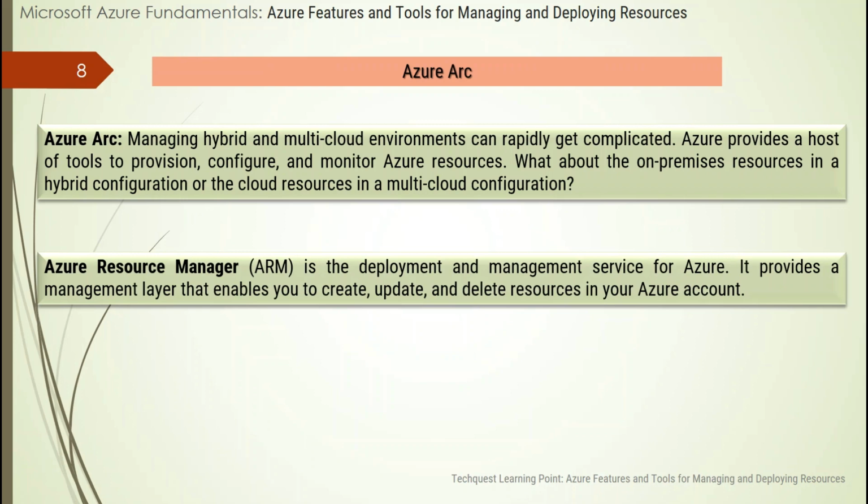Azure Resource Manager (ARM). ARM is the deployment and management service for Azure. It provides a management layer that enables you to create, update, and delete resources in your Azure account. Anytime you do anything with your Azure resources, ARM is involved. When a user sends a request from any of the Azure tools, APIs, or SDKs, ARM receives the request.